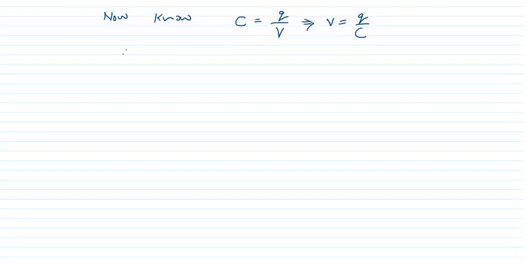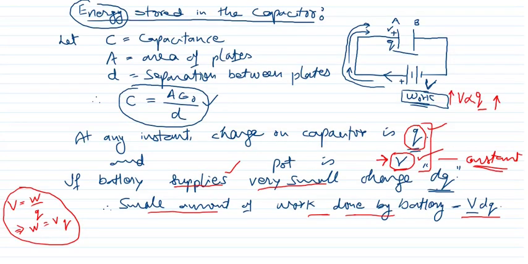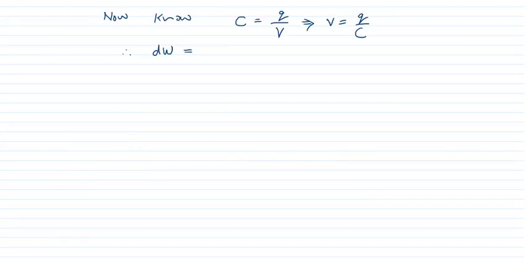Therefore, the above expression becomes dW, the small amount of work done, which was equal to V dq. If we put the value of V, it becomes Q upon C into dq. Therefore, the small amount of work done is Q upon C into dq.